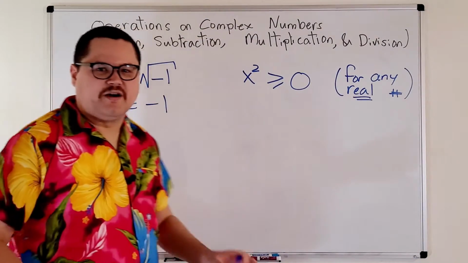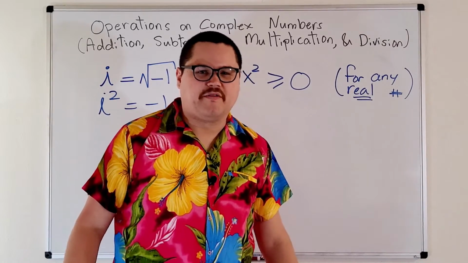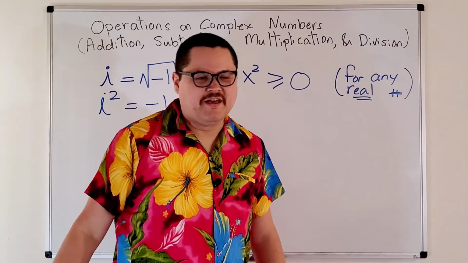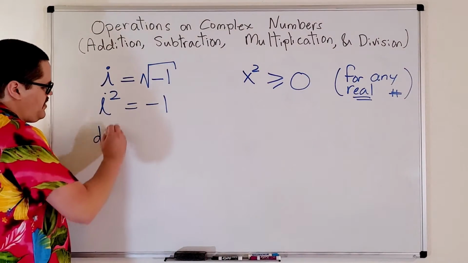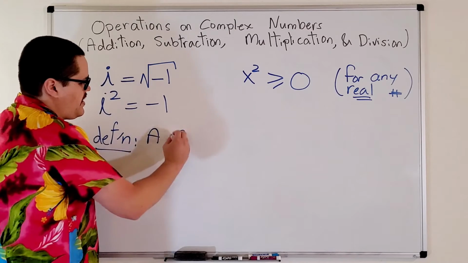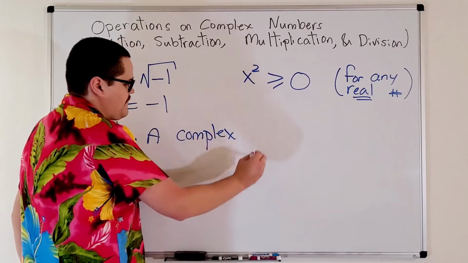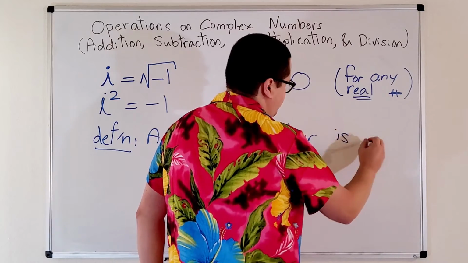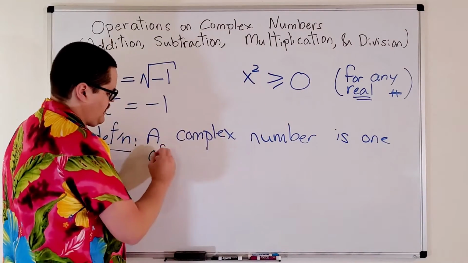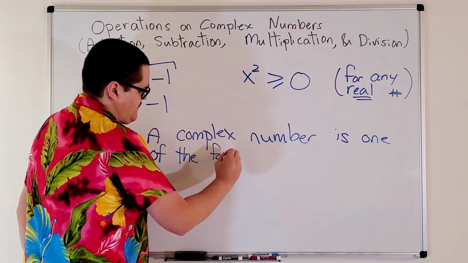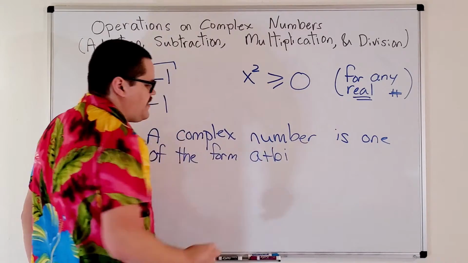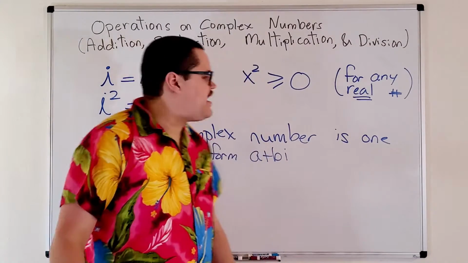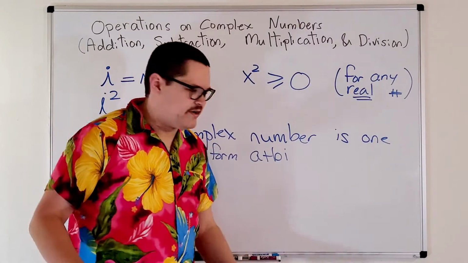Now, a complex number is a number with both a real part and an imaginary part, possibly. So, definition. A complex number is one of the form a plus bi, where a and b are real numbers and i is this imaginary square root of -1.